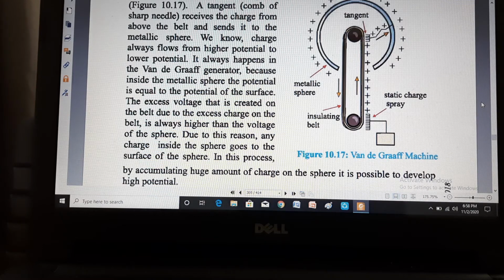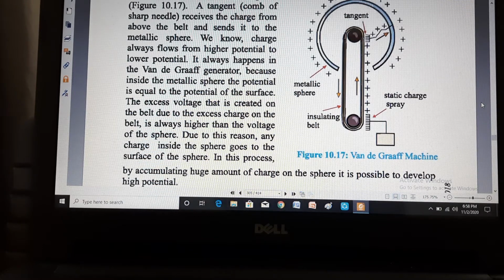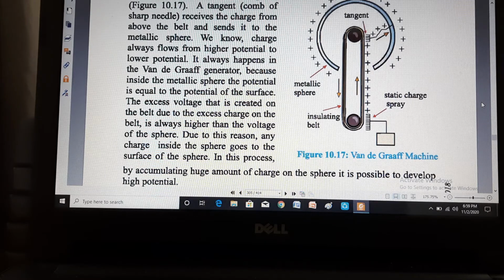Due to this reason, any charge inside the sphere goes to the surface of the sphere. In this process, by accumulating a huge amount of charge on the sphere, it is possible to develop a high potential. So by using the Van der Graaff machine, we usually create a high potential difference.